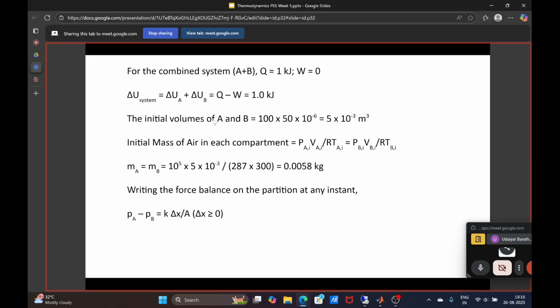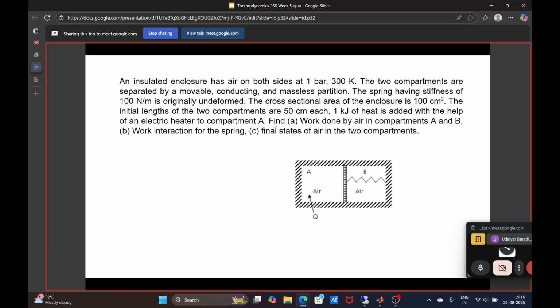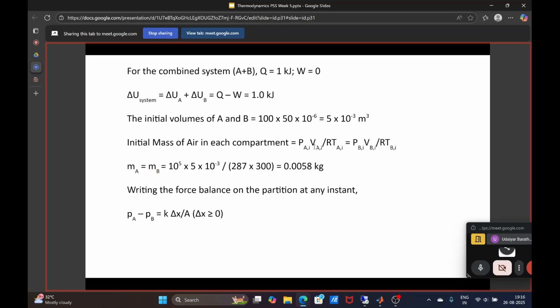The initial volume before the heat is added: both occupy the same volume. We have 100 centimeter square of cross-sectional area and the length is 50 centimeter. So 100 into 50 multiplied by 10 power minus 6 to convert to meter cubed gives 5 into 10 power minus 3 meter cube.